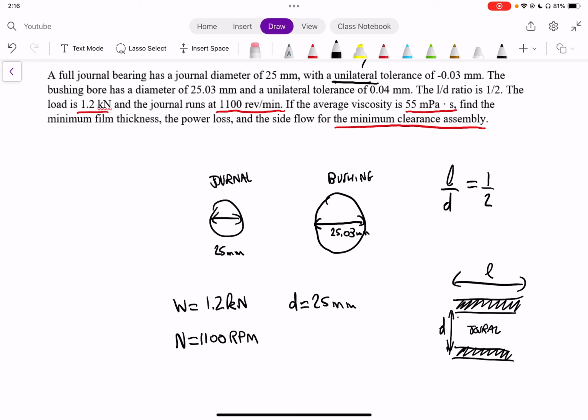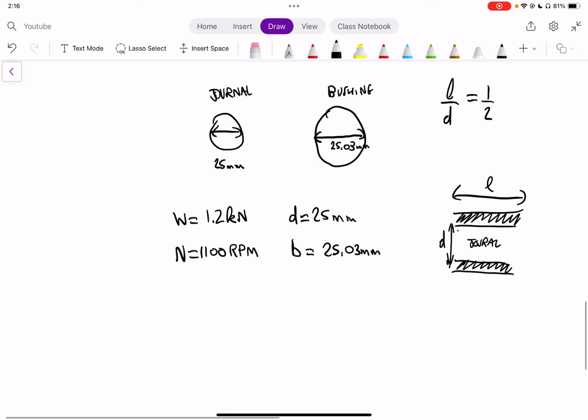We're told that B, which we're going to use for the bushing diameter, is equal to 25.03 millimeters. And obviously these values could be different, but again, we're looking at the minimum clearance assembly. Therefore, we're keeping the gap as small as possible between the bushing and the journal, which is what is intended initially. And then mu is given to us as 55 millipascal seconds.